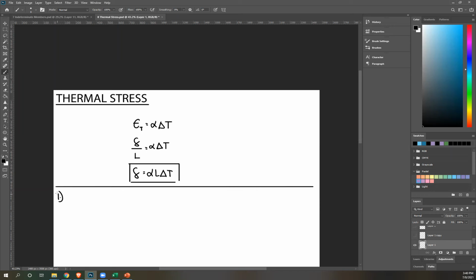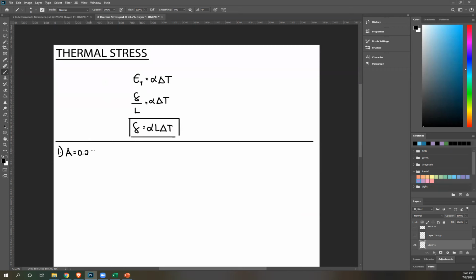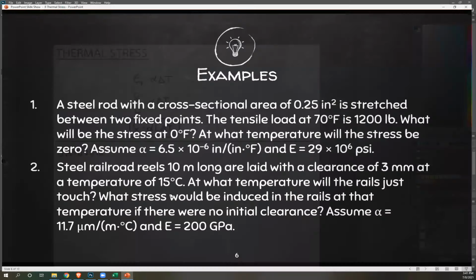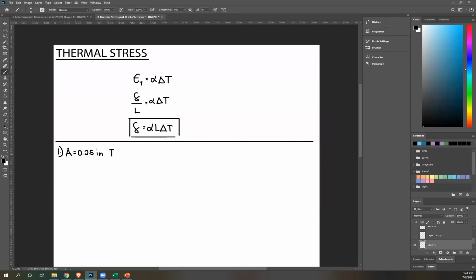Okay? So number one, let's write out our given first. So you have the cross-sectional area of a rod, which was 0.25 inch squared. Next, we have your initial temperature, right? So this is your initial temp, 70 degrees Fahrenheit. And then the load at your initial temperature is 1,200 pounds. Then for part A, the final temperature is 0 degrees Fahrenheit.